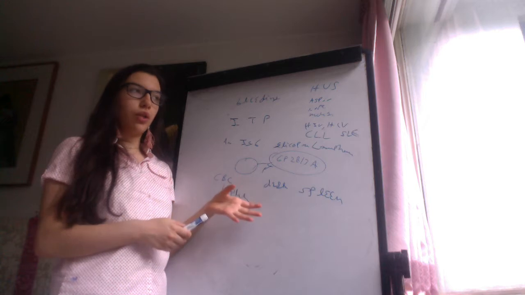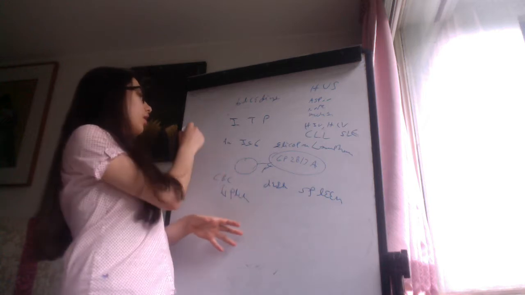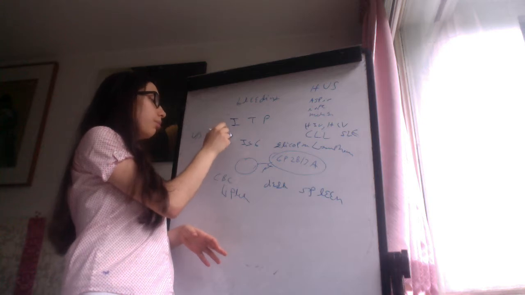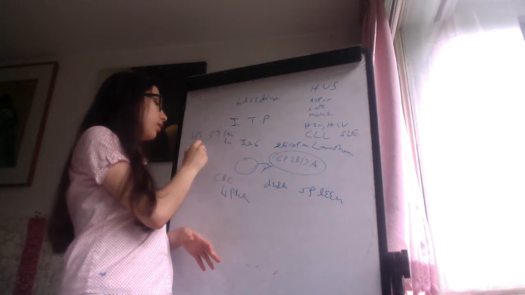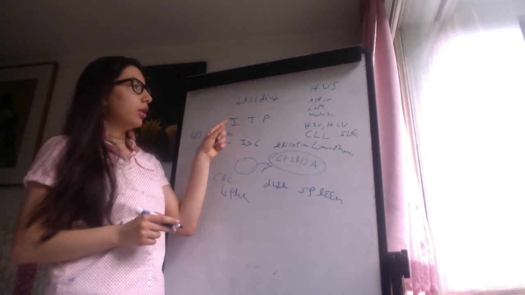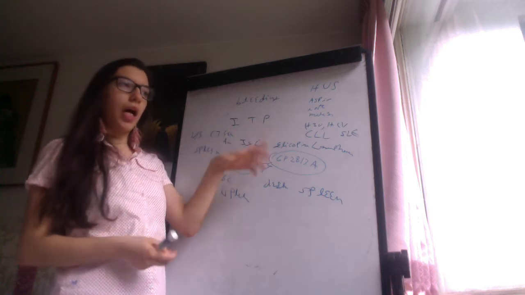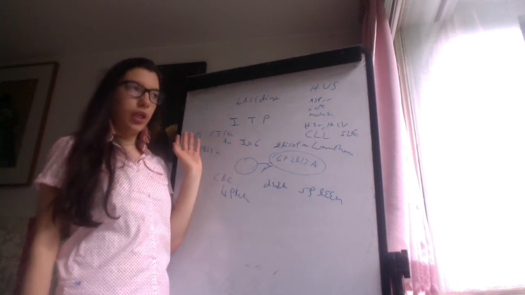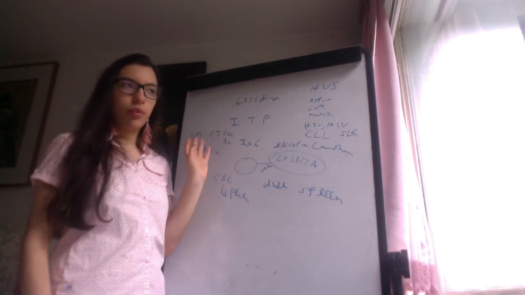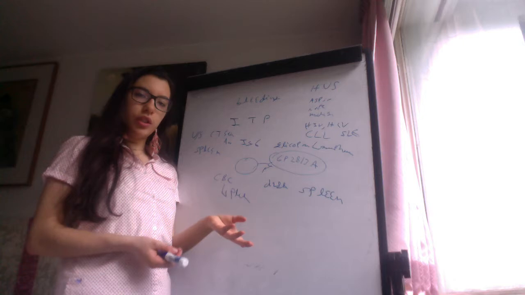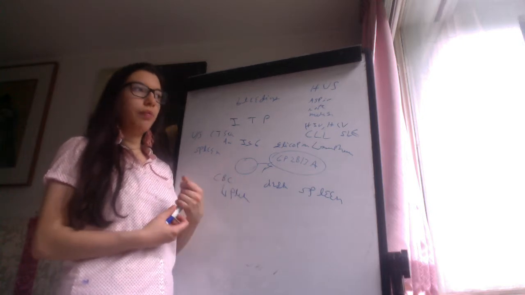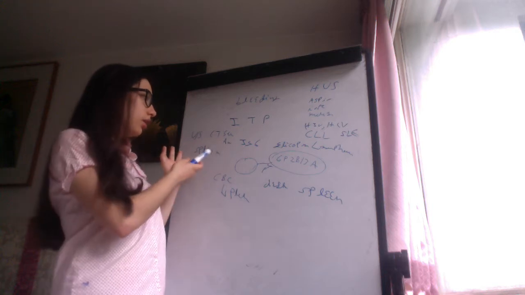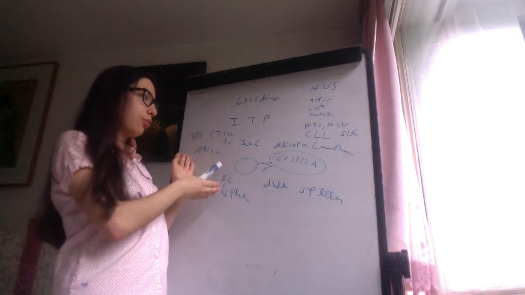Now the diagnosis, yes, it is a diagnosis of exclusion, and among the things that we're going to do to exclude the diagnosis is an ultrasound or CT scan of the abdomen in order to see the spleen, because these patients do not have splenomegaly, as opposed to thrombotic thrombocytopenic purpura or hemolytic uremic syndrome. Sometimes thrombotic thrombocytopenic purpura has the spleen enlarged, and idiopathic thrombocytopenic purpura doesn't.